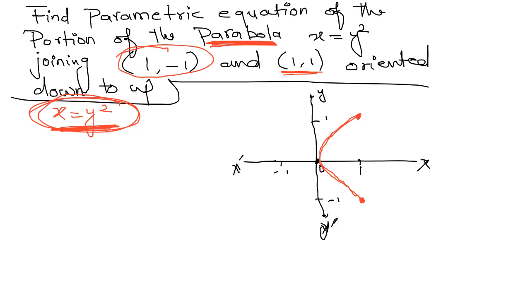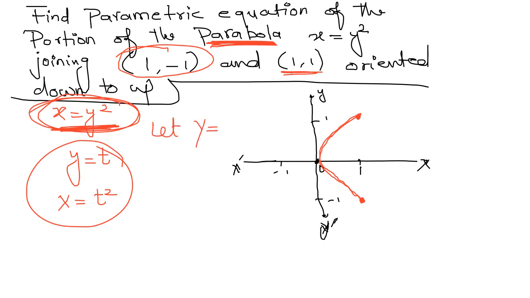You remember I told you that the independent variable should be equal to t. Yes, y is equal to t. Then x becomes t square. So we choose let y is equal to t.